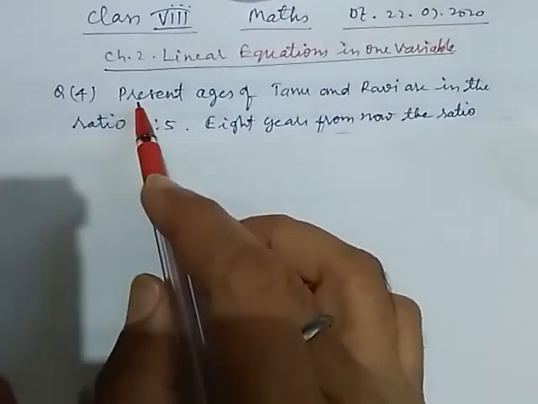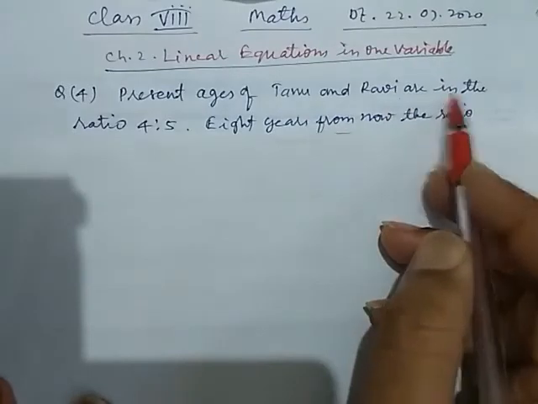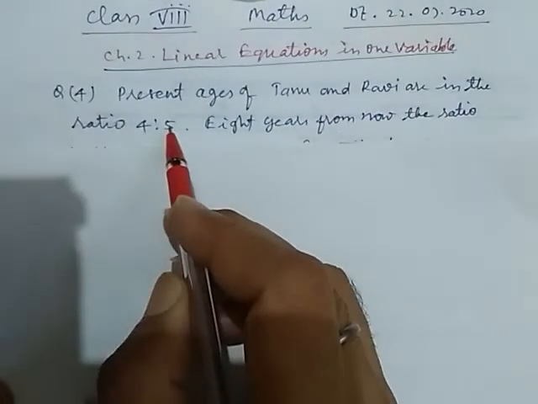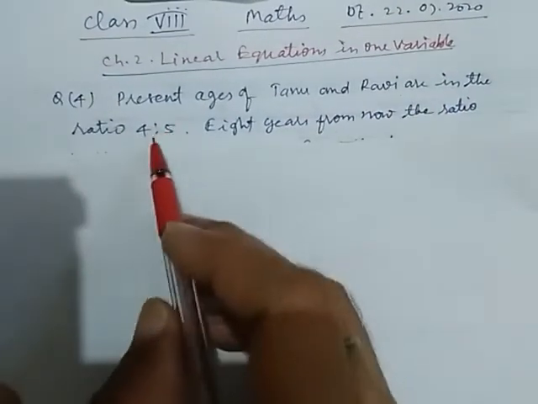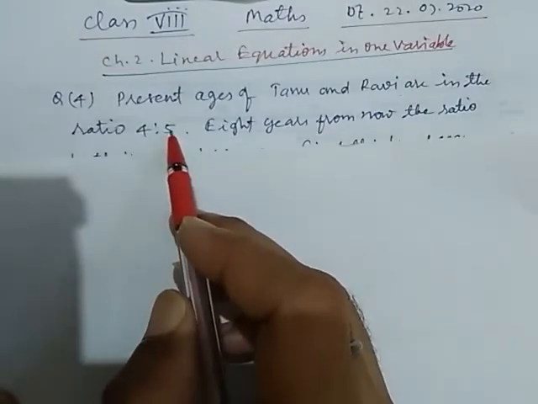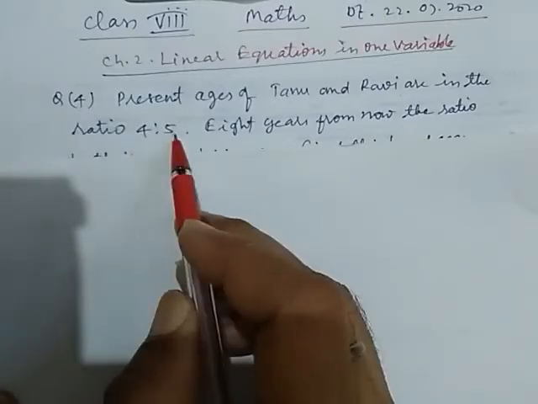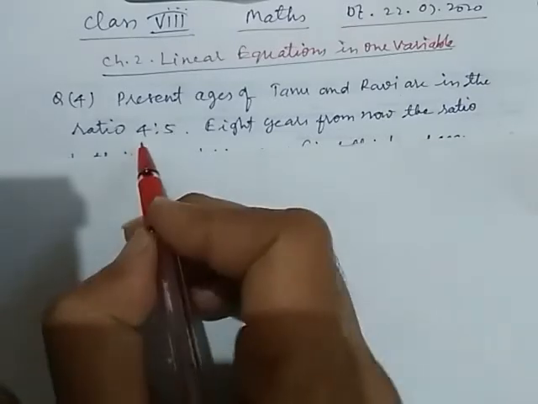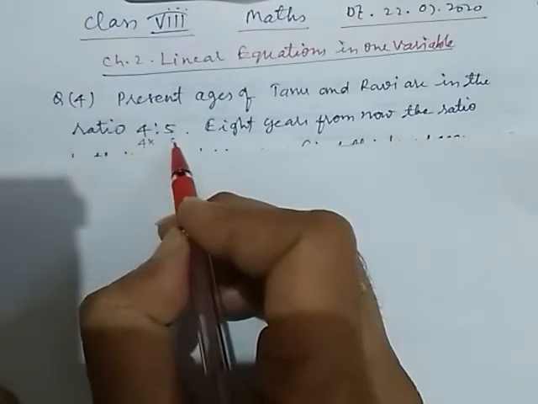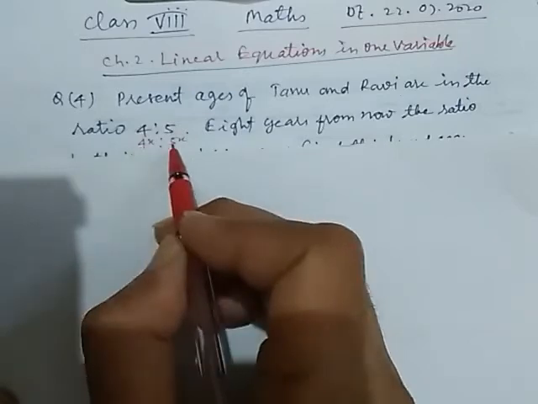The present ages of Tanu and Ravi are in the ratio of 4:5. When we receive something in ratios, what do we have to do? We just multiply both the ratios by x. So the ratio becomes 4x and 5x, and still the ratio is 4:5.